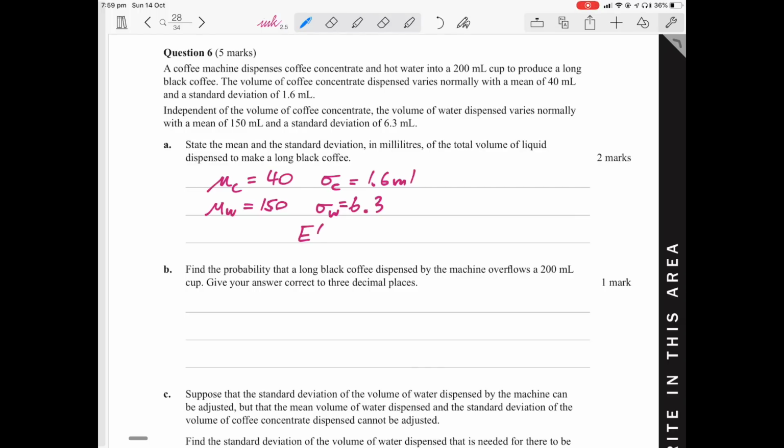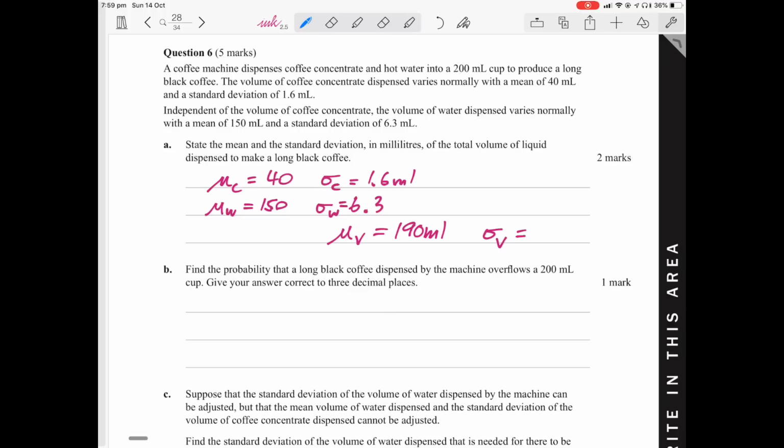Okay, state the mean and standard deviation of the total volume of liquid. So E of C plus W is 190 ml, so you could say mu of the volume, and then sigma of the volume.